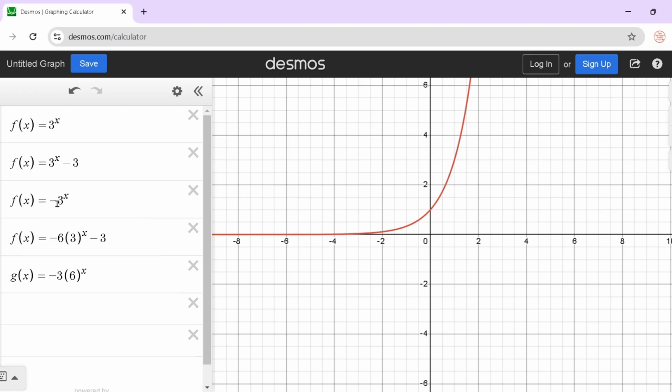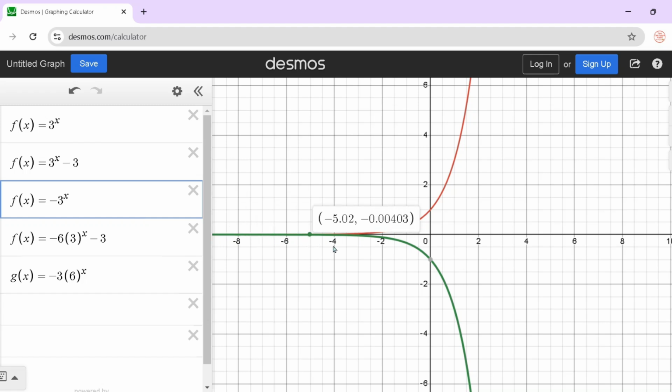Now what if we put a negative in front of it? Negative 3 to the power of x. That is going to flip it across the x-axis. In this case, it's just going to turn it upside down wherever it's at. Because the original up here is approaching 0, this one down here is also going to be approaching 0, getting smaller and smaller.